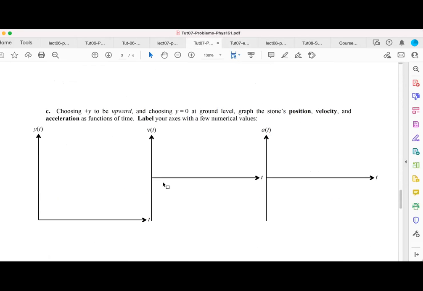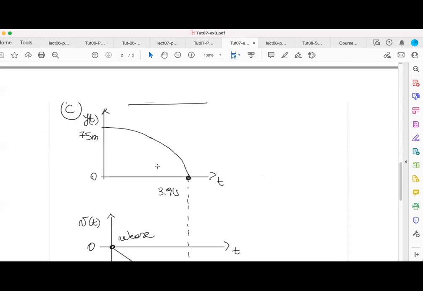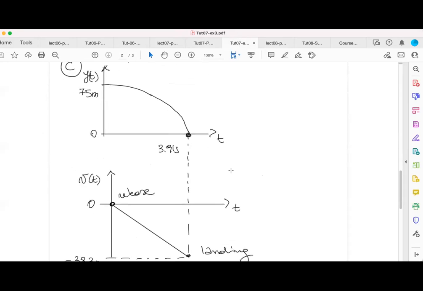Then it is asking, choosing plus y to be upward and choosing y equal to 0 at ground level, graph the stone's position, velocity, and acceleration as a function of time, and label your axes with a few numerical values. So if we go here, again, here we have y of t versus t.